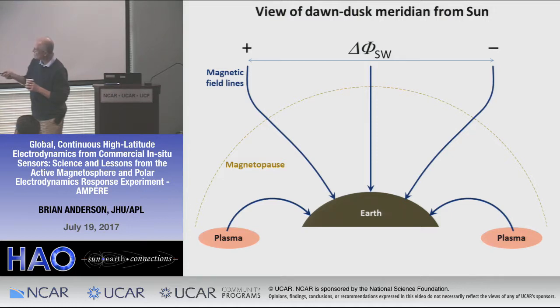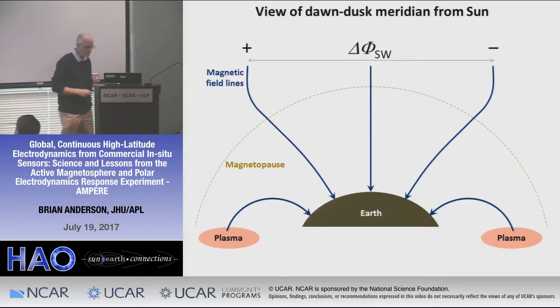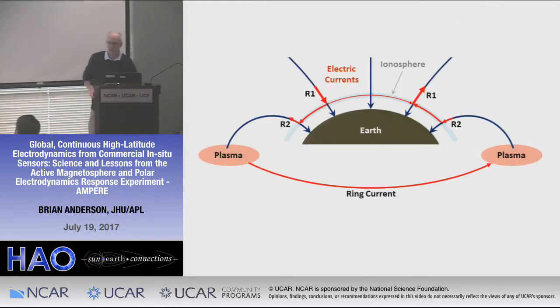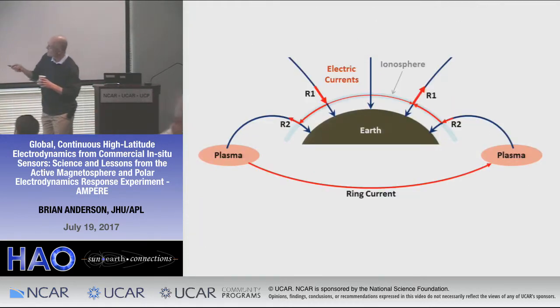That's establishing a potential that maps down to lower altitudes. Plasma within the magnetosphere is connected along magnetic field lines like that, and then at Earth, we have an ionosphere. So that potential sets up electric currents that flow down on the evening side and then up on the morning side.